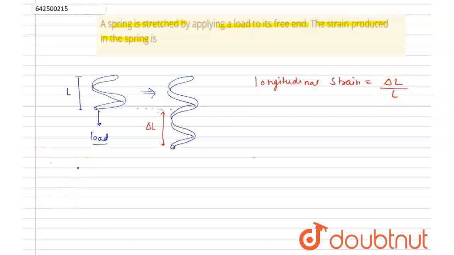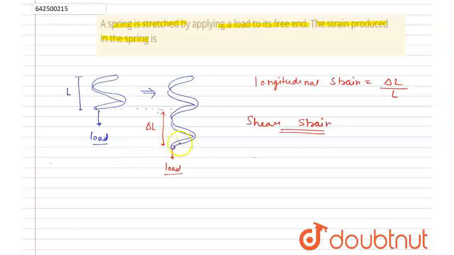And there is one more strain produced by the spring due to the deformation of the spring, because when we applied load parallel to the cross-sectional area, there is a strain produced along the spring, which is a shear strain, and this shear strain deforms the shape of the spring.